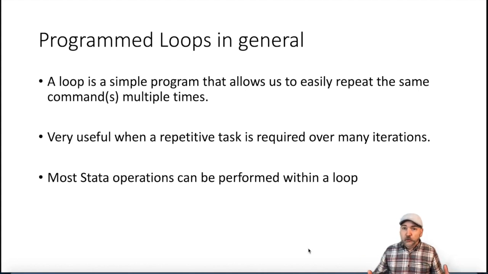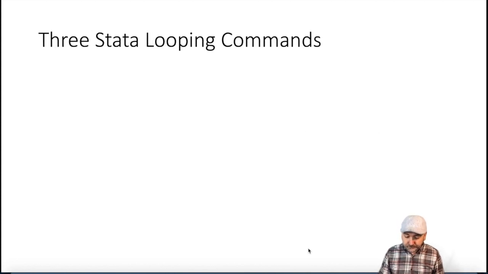Within that loop, any command, any operation that Stata can do can be iterated over. So what we want to do in this little lesson is look at what commands are available for us within Stata to operate these loops, the general architecture of those commands, and then we'll jump into Stata and look at some quick examples.